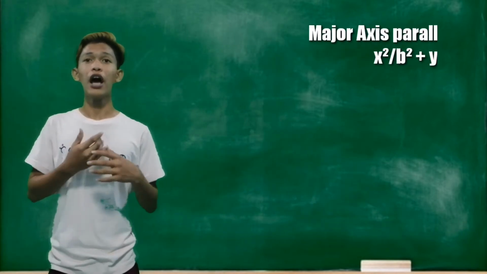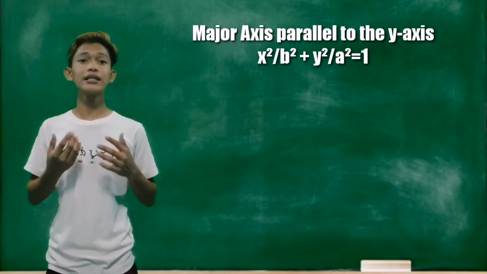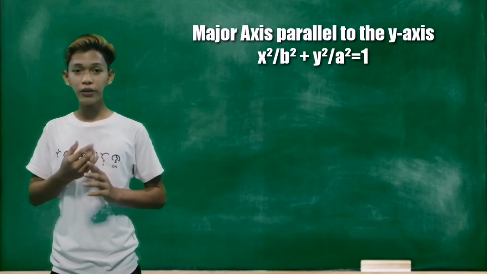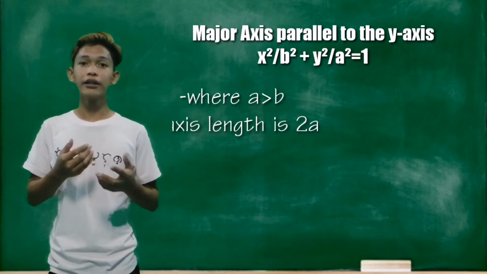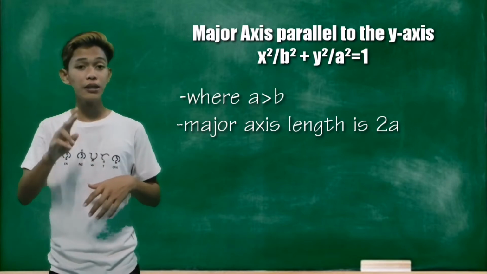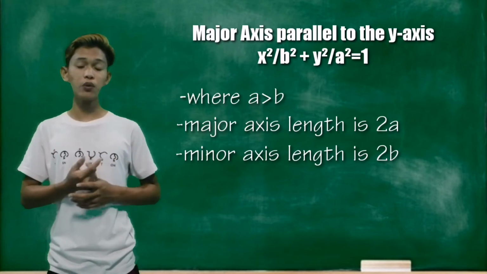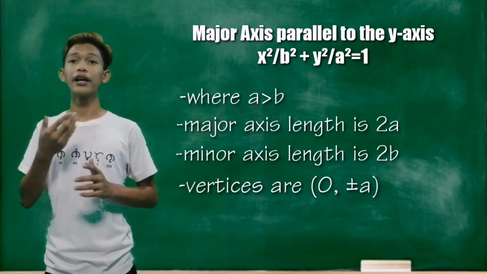Now, if the major axis is parallel to the y-axis, the standard equation is x squared over b squared plus y squared over a squared equals 1, where a is greater than b. And then the length of the major axis, always remember, is 2a, while the length of the minor axis is always 2b. The coordinates of the vertices are (0, ±a).